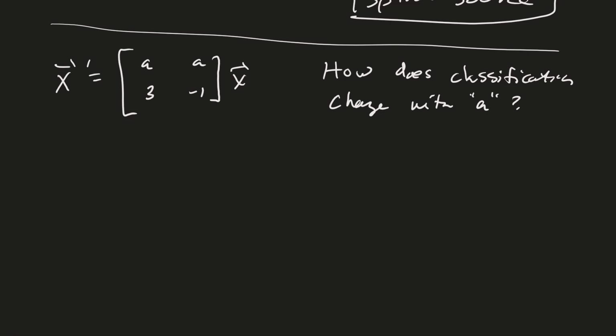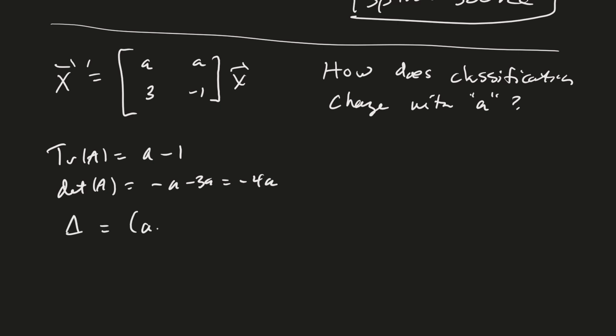Again, the trace of A, I have to speak up, is a minus 1. The determinant is going to be, let's see, minus a minus 3a, which is minus 4a. And then the discriminant will be a minus 1 squared minus 4 times the determinant.